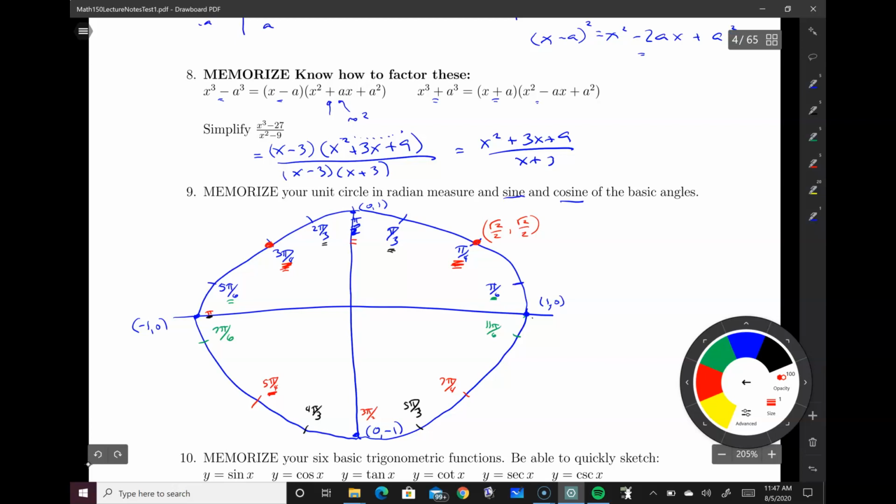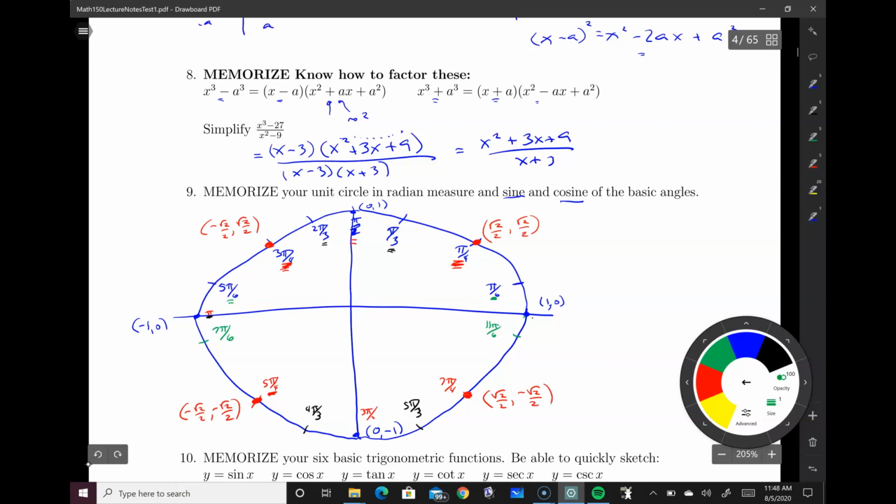The xy point here is going to have a negative root 2 over 2 for the x value and a positive root 2 over 2 for the y value. This xy point here will have a negative x value and a negative y value. This point here will have a positive x value and a negative y value.